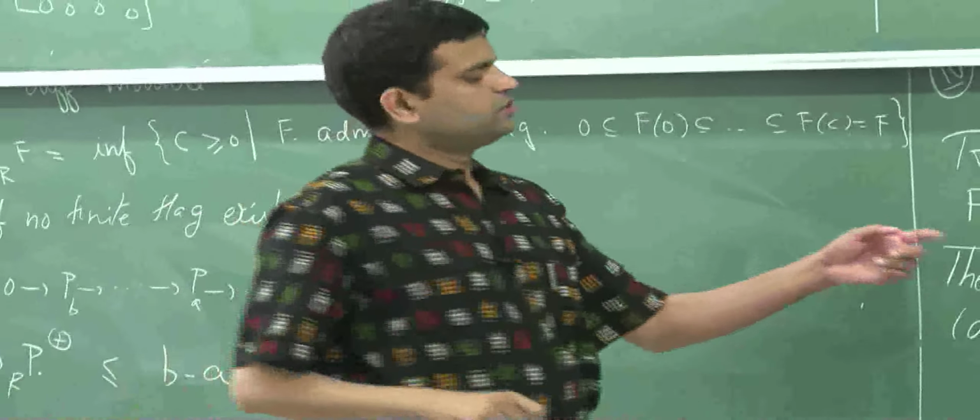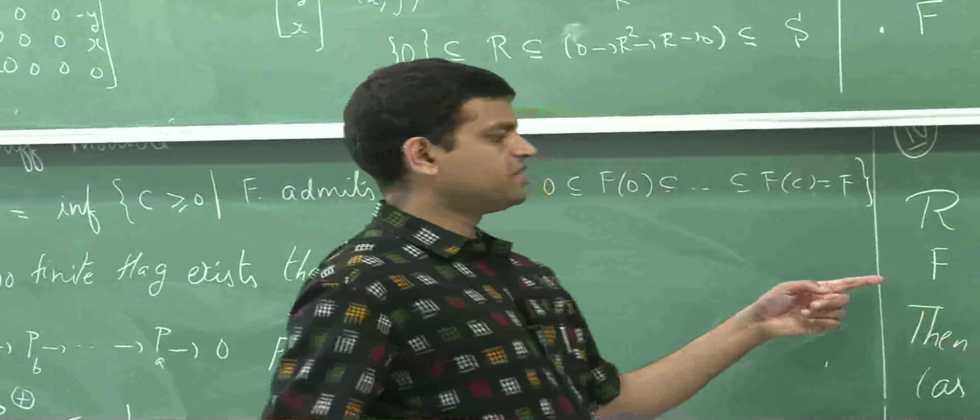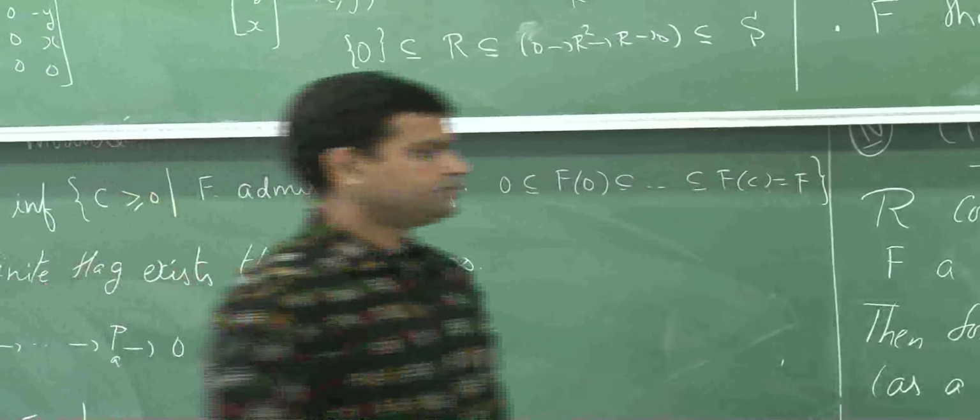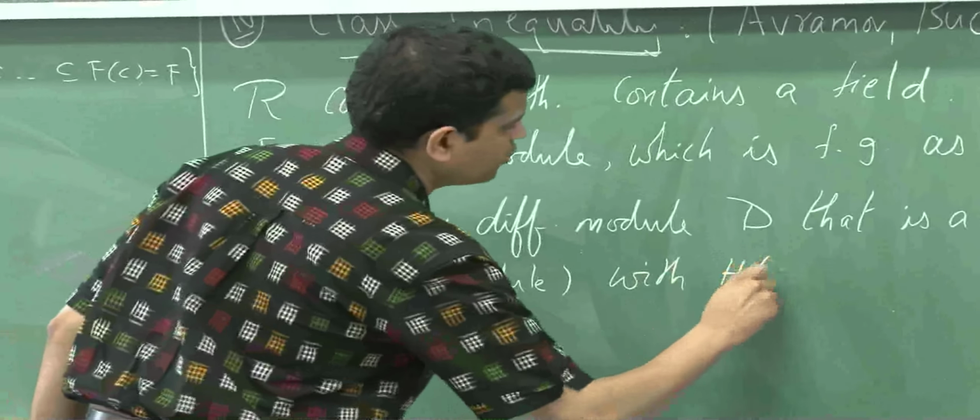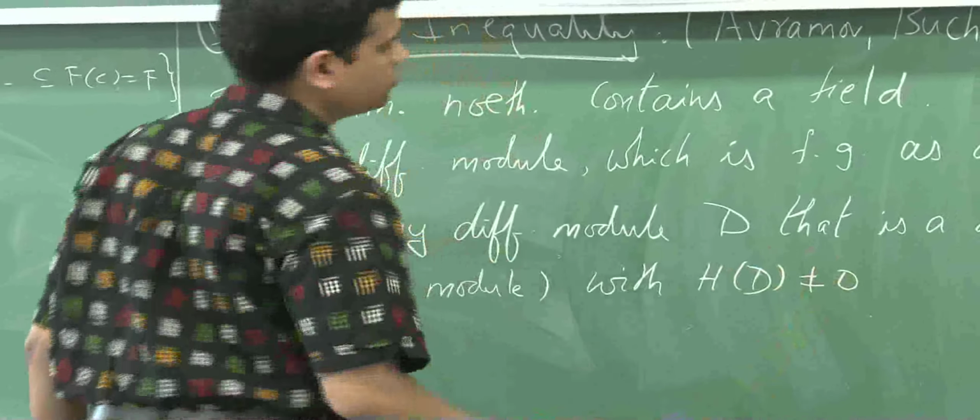So another way of saying it is that D is a retract of F. So one has an inequality, and of course I want to assume that the homology of this differential module is not 0.